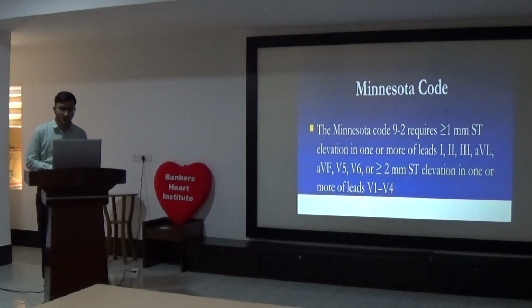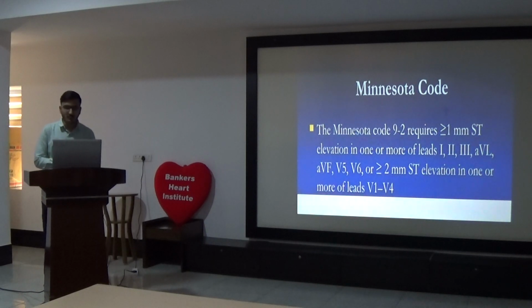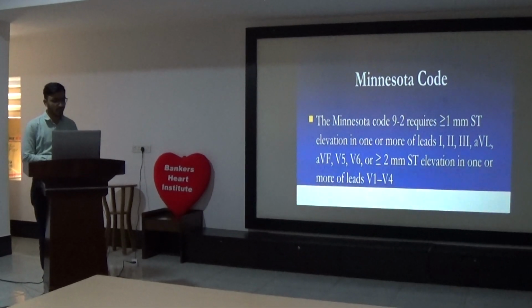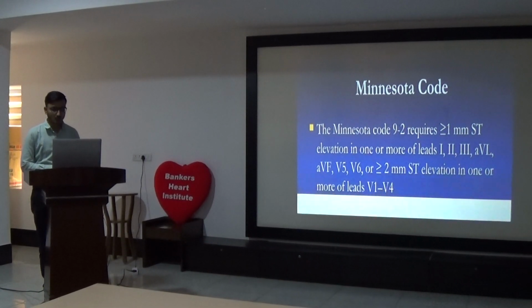So to prove myocardial infarction with ST segment elevation, according to the Minnesota code, we require more than 1 mm ST elevation in one or more of leads 1, 2, 3, AVL, AVF, V5, V6, or 2 mm or more ST elevation in one or more of V1 to V4.